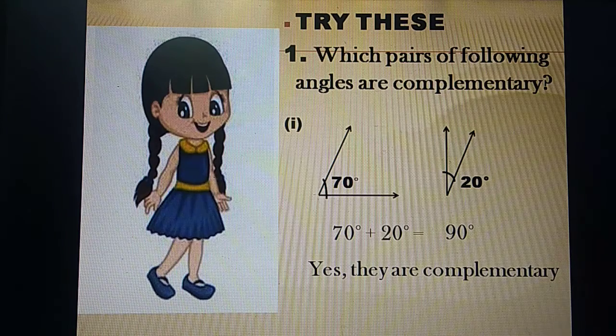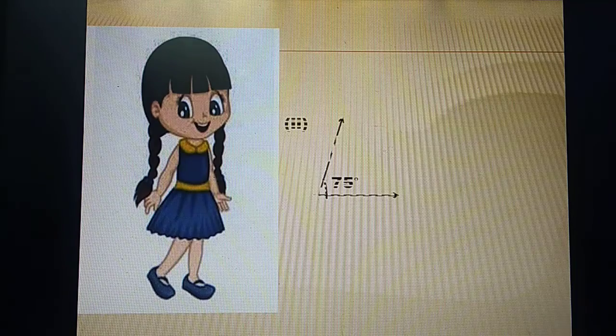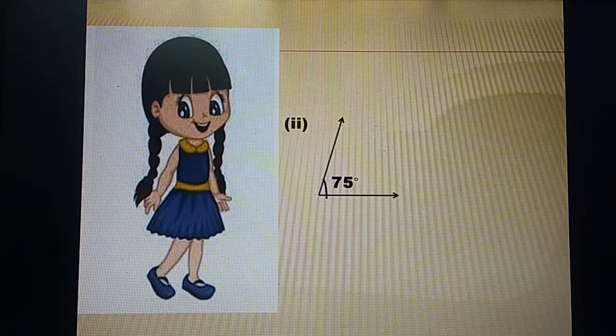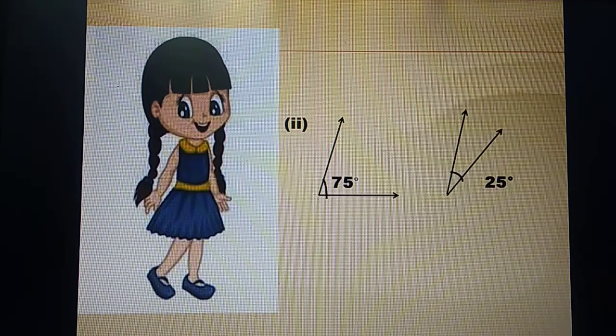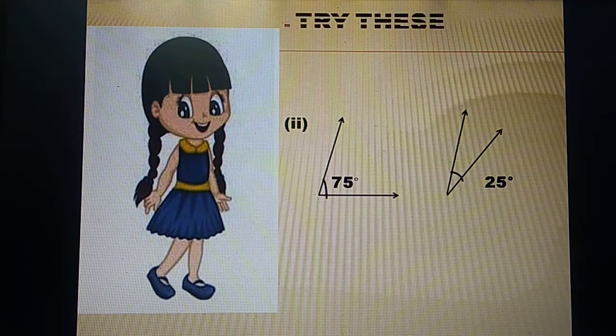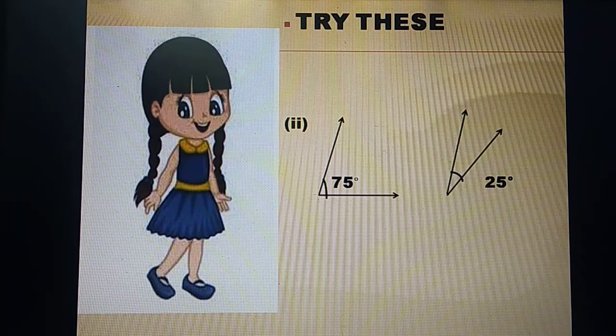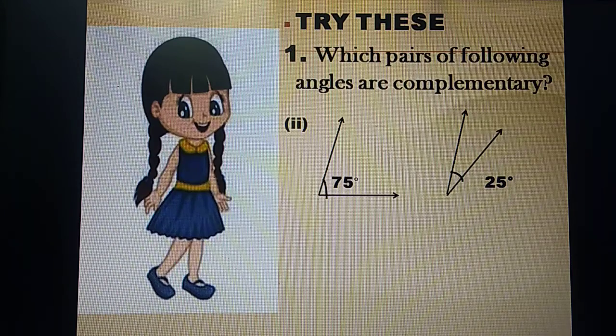Now, I will solve the next sum. In the next sum, you can see the angles are 75 degree and 25 degree. Again, you have to check whether the angles are complementary or not.